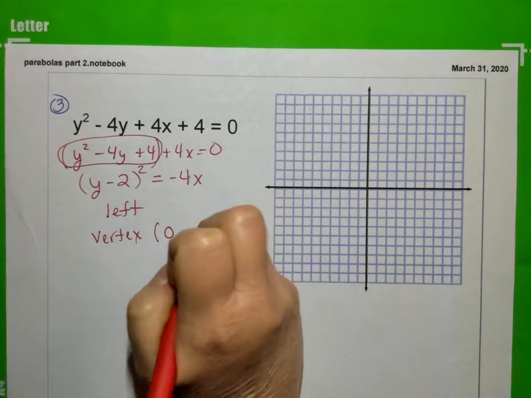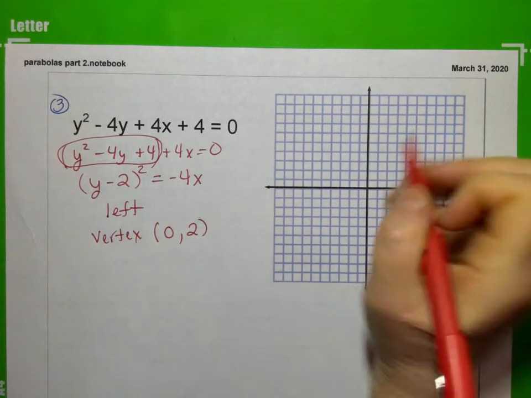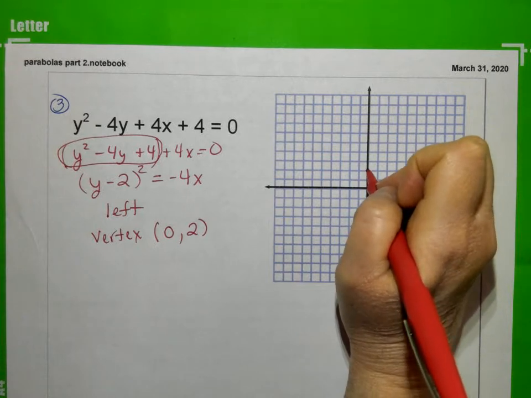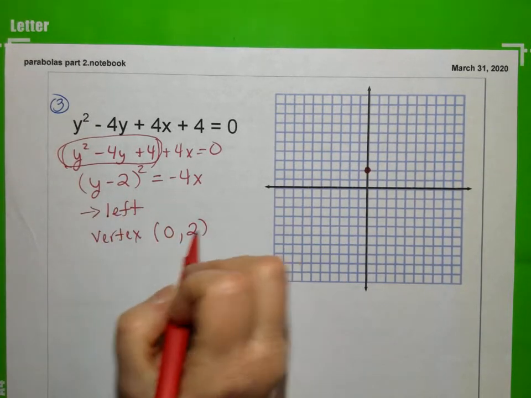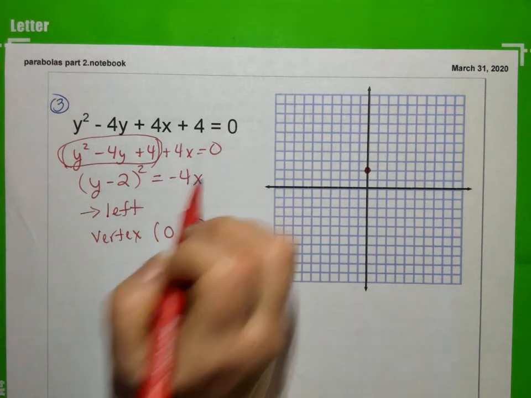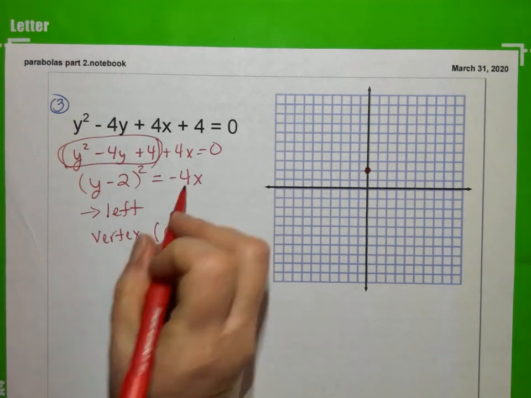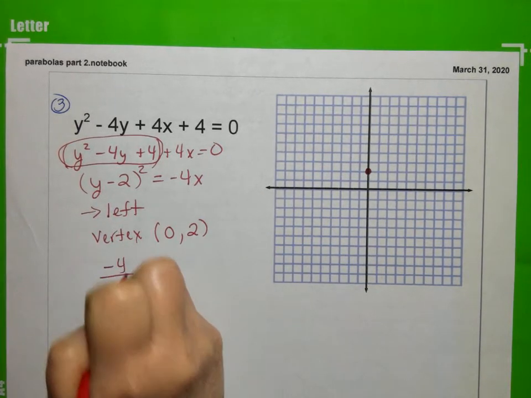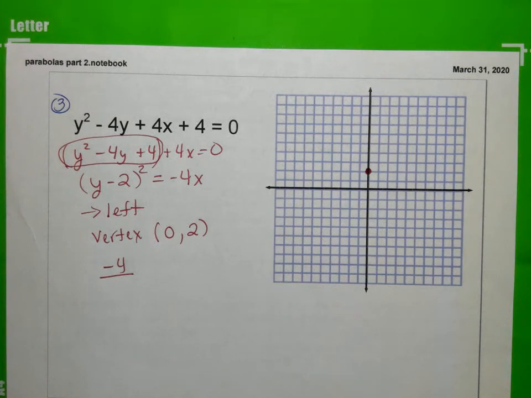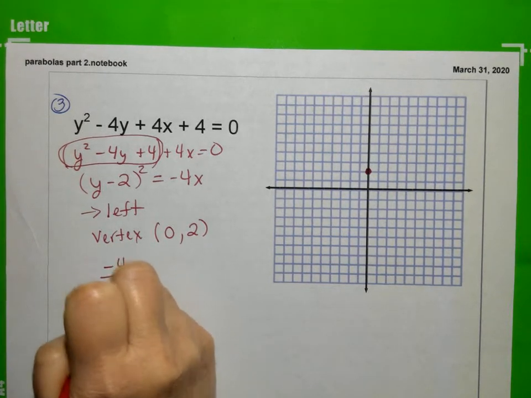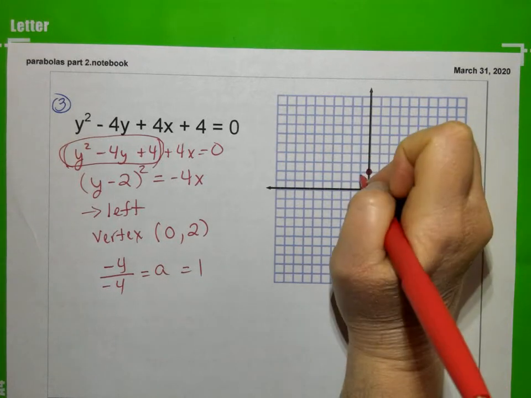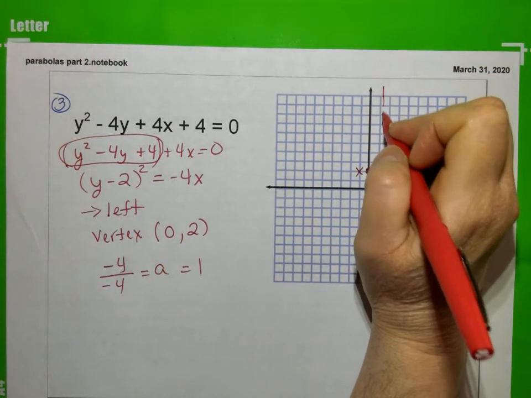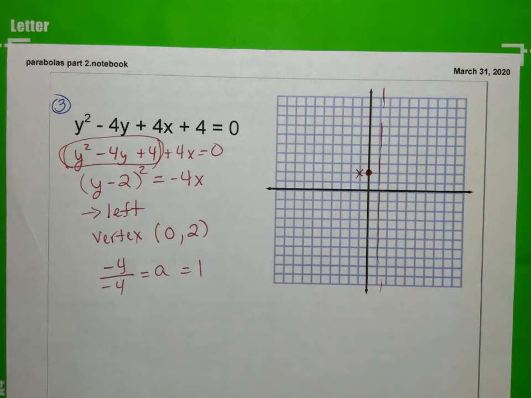Nothing. What am I subtracting from y? 2. So 0, 2 puts me right there. I'm going to the left, so how far to the left? Let's find out. I take the number in front of the non-squared term. I divide it by 4 if it's positive. I divide it by negative 4 if it's negative. So A must be 1. So 1 unit to the left and 1 unit to the right.